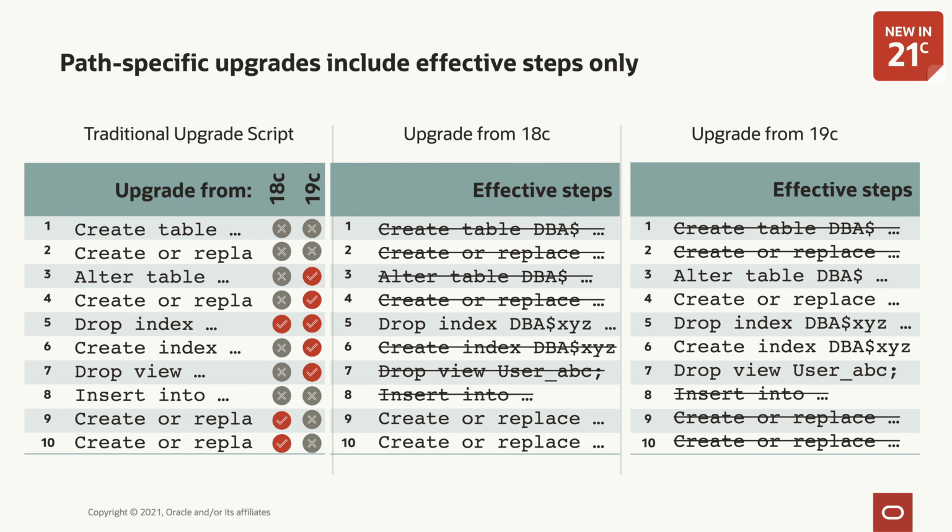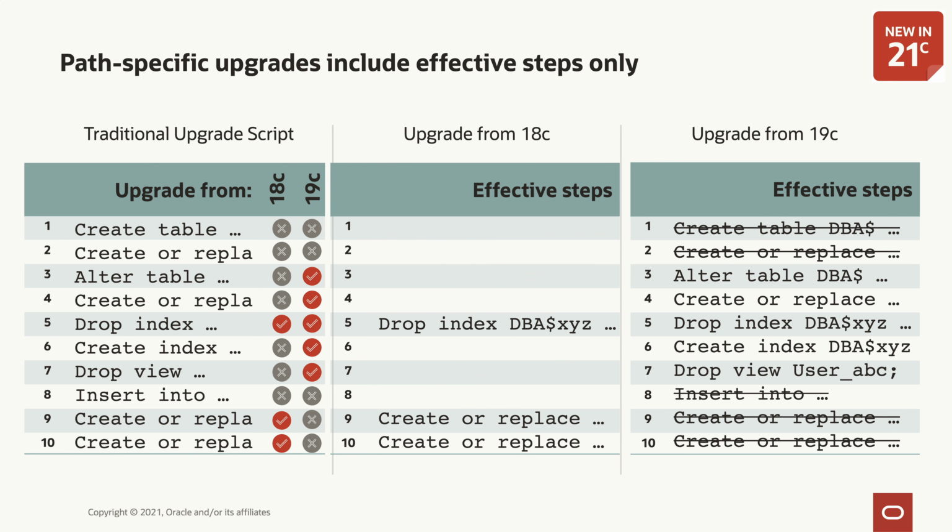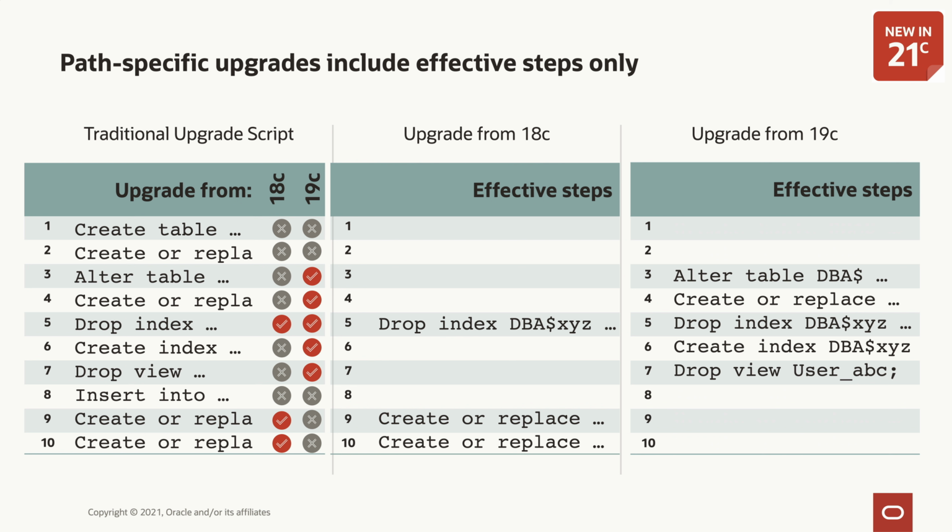For example, referring back to the table illustrating a sample of 10 upgrade steps and the various upgrade paths to which each applies, we see that only 3 of those steps are captured for the upgrade from 18c, and 5 apply to upgrades from 19c. Incidentally, we've been using this mechanism for several years in Autonomous Database for upgrades since 18c.